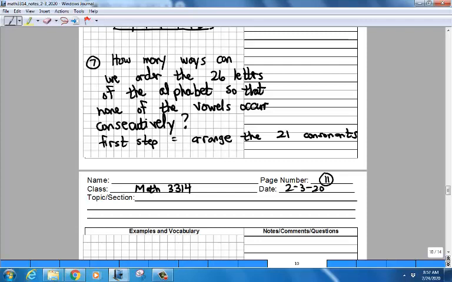But that turns out to be not so useful, to write the second step down to sort of mimic the first step. We can write the second step here as arrange the 5 vowels.